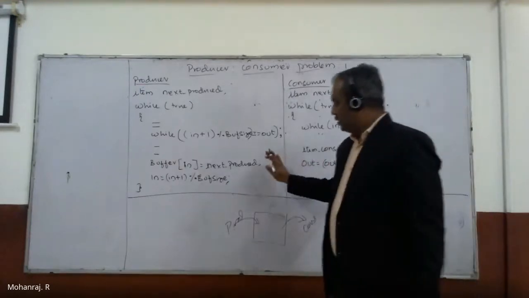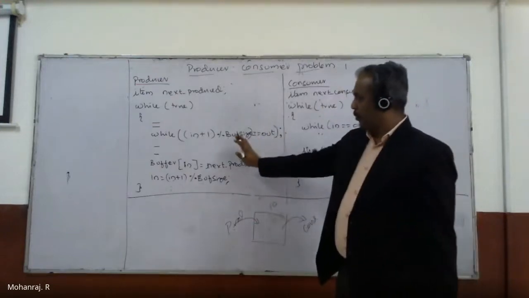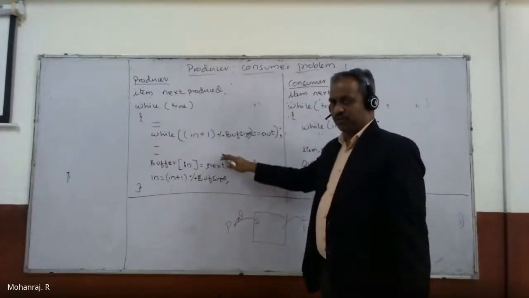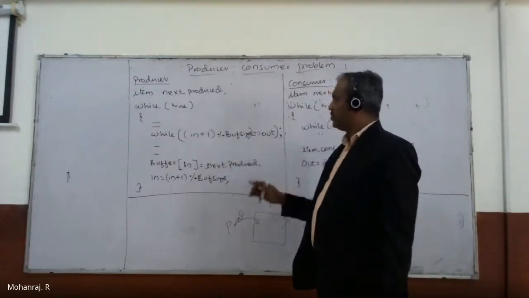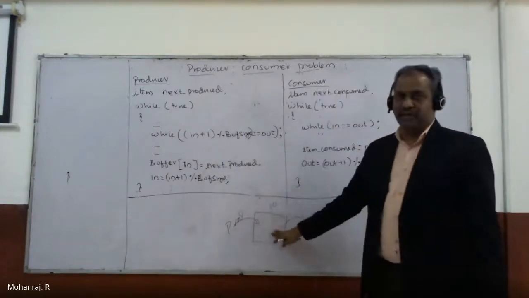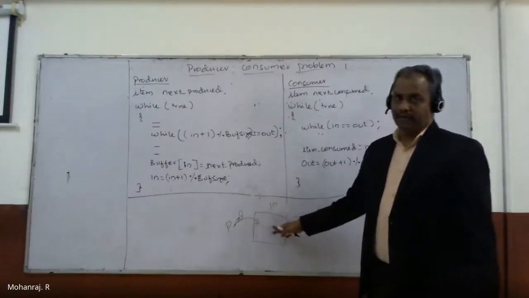Now, we have simulated this with this program. Producer is a code, a program, which is going to produce. Here the condition is that it obviously needs to check the size. They cannot produce more than 10 items, right?